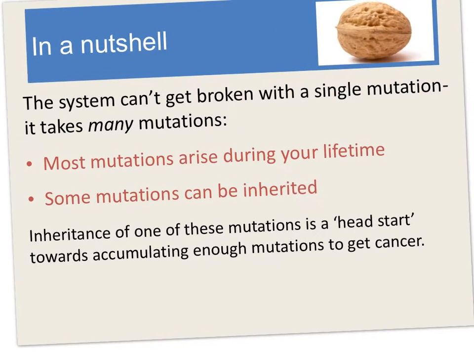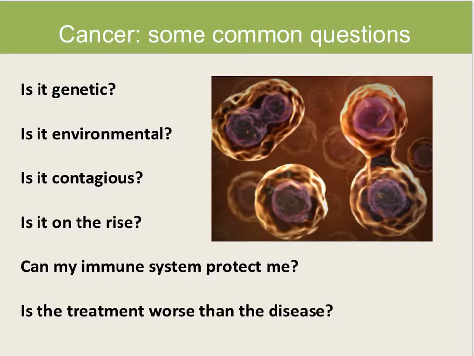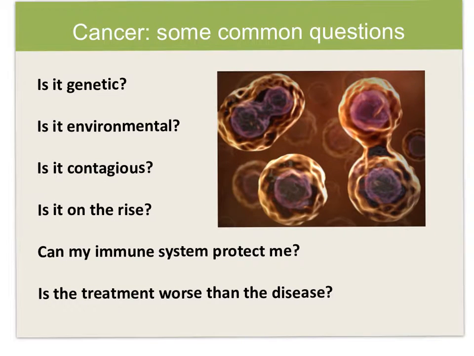Now, there are certainly some mutations that end up in the germline cells, and once those germline cells have created an individual, those inherited variants can actually give tumor formation a head start. Okay.